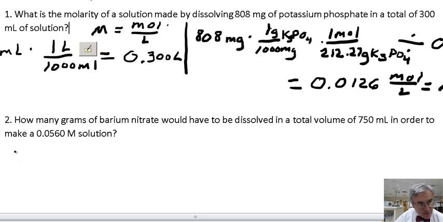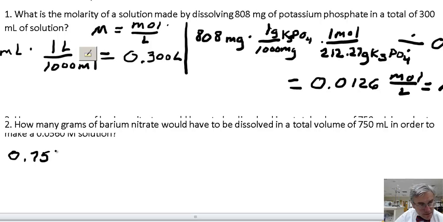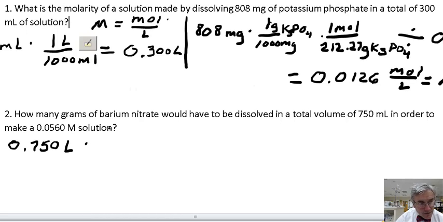I'm not going to show you the math, but it's going to be 0.750 liters, and we're going to multiply that by the molarity, which is 0.0560 moles per liter, so you can see that the liters are going to cancel out.